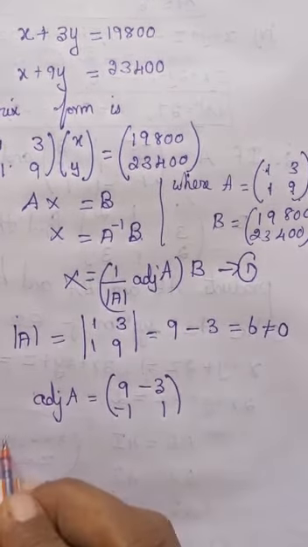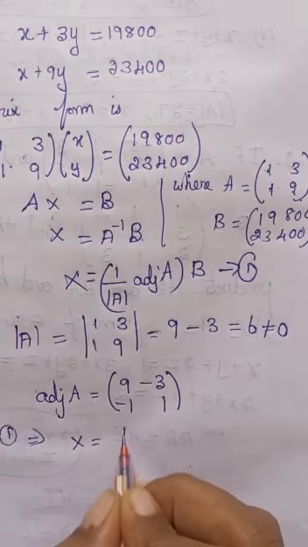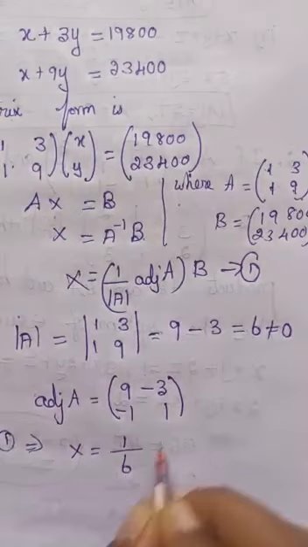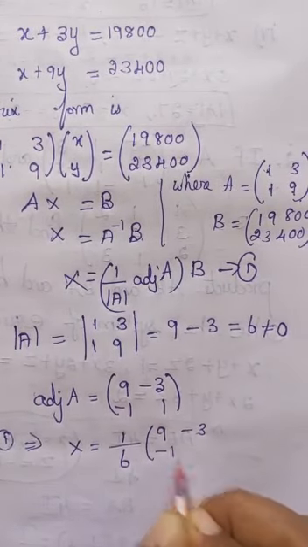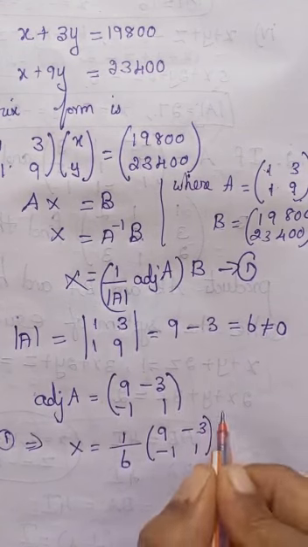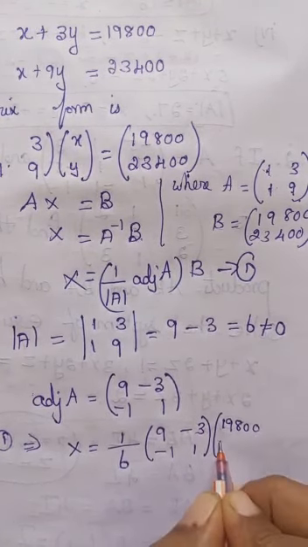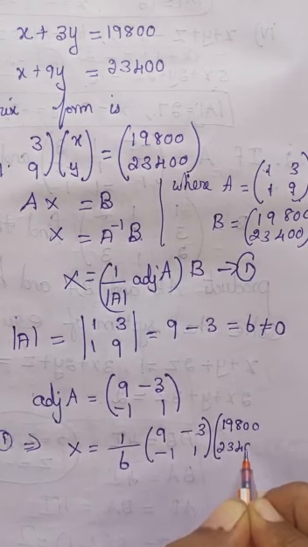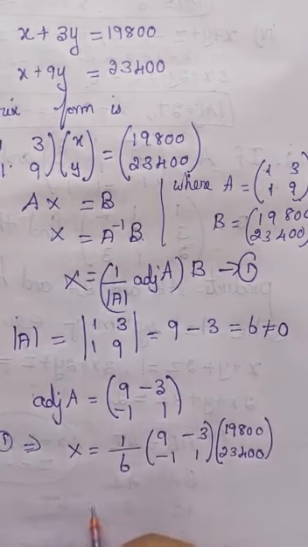Now we can substitute. Equation 1 implies X is equal to 1 by determinant A, 1 by 6, into adj A, which is 9, minus 3, minus 1, 1, into B, which is 19,800, 23,400.